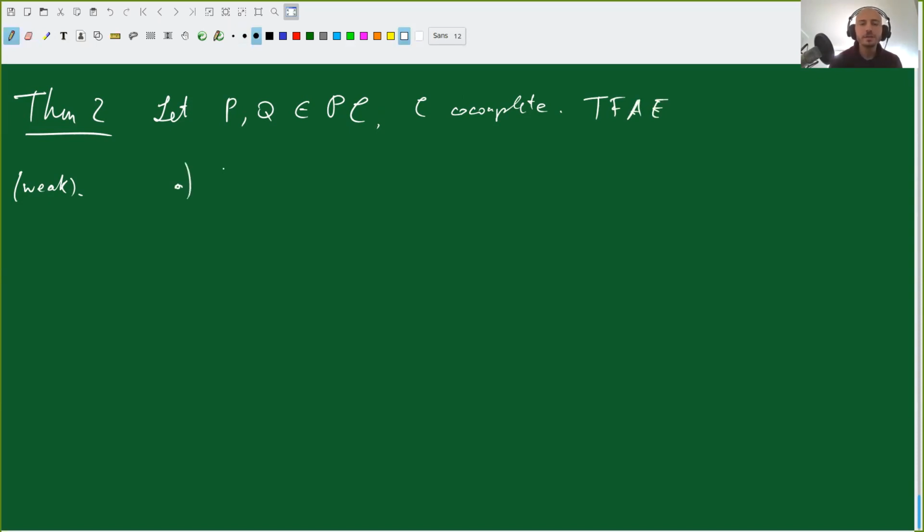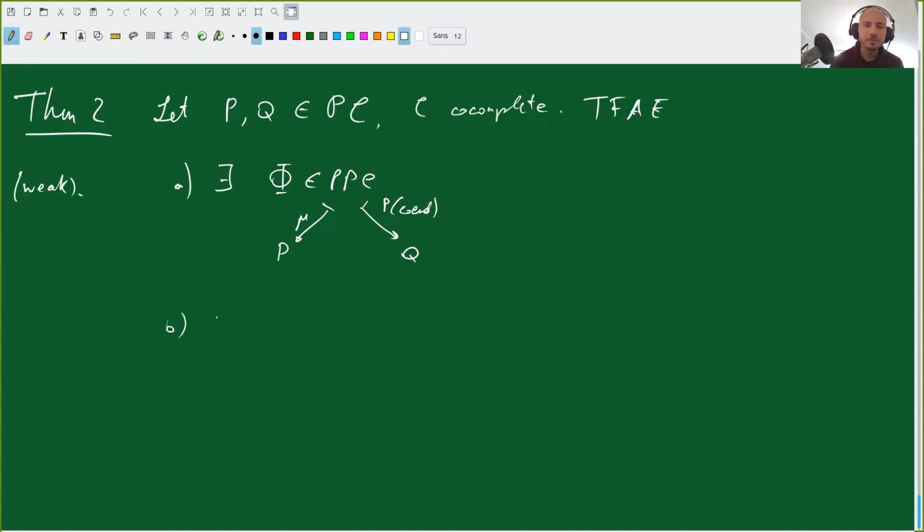A is that there exists a partial evaluation, so again, somehow P is a partial coend of Q, or partial colimit of Q in this weighted sense.